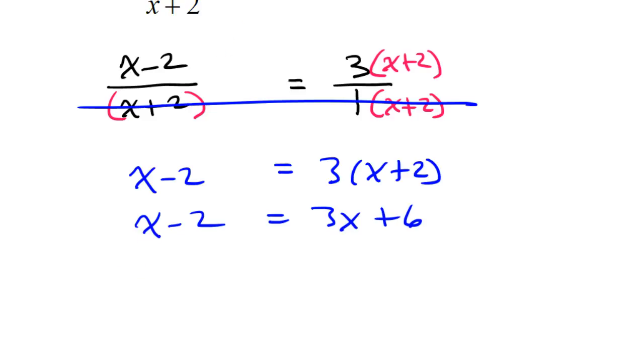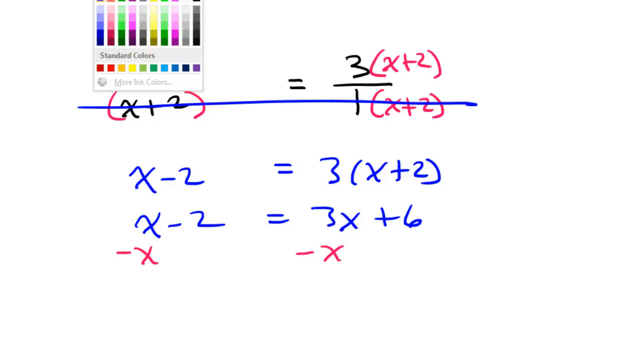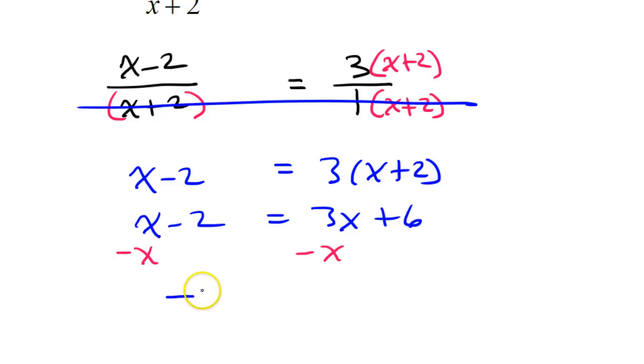If I were to subtract x from both sides to get the x's together, now I could have subtracted 3x from both sides, but I just like the x's to be positive, so I subtracted x, so this will be positive, but it doesn't really matter. So I'm going to get negative 2 is equal to 2x plus 6.